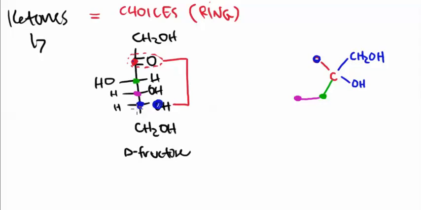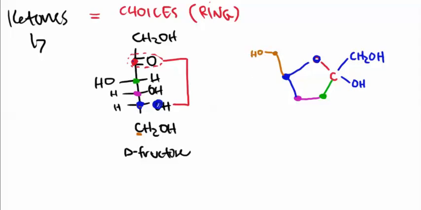So here's this blue carbon that basically had the O on it. So there is the formation of the ring. It's a 5-membered ring. So this is a furanose that it makes, right? So fructose is going to end up making a furanose ring, and then off of this blue carbon, that is where we see the other CH2OH group. So up here is the CH2, and there's the OH that's involved.